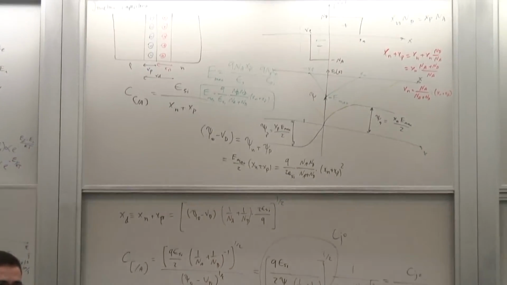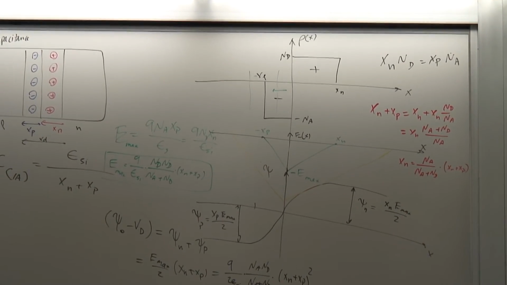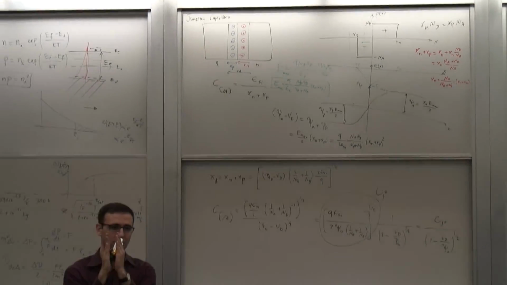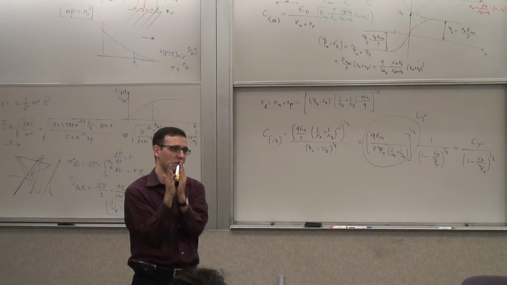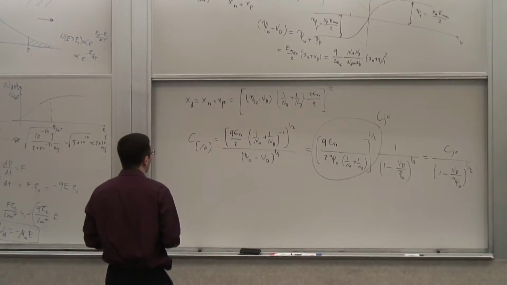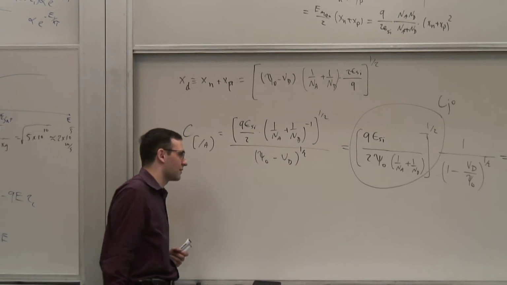If the doping level goes up, what happens to the width of the depletion region? It goes down. So the two plates of the capacitor are brought closer and closer to each other, and the capacitance goes up. Right? Okay. And of course you have the epsilon of silicon and the charge of electrons, so these are also there.